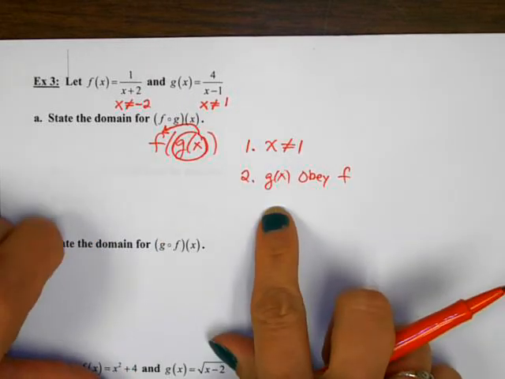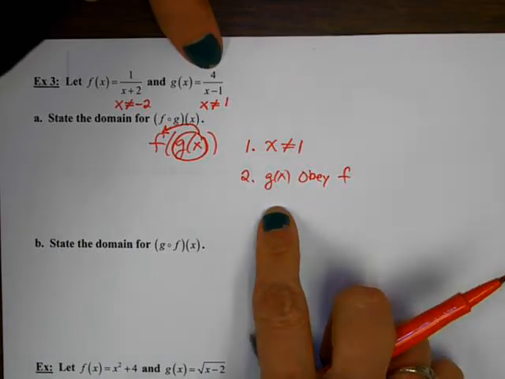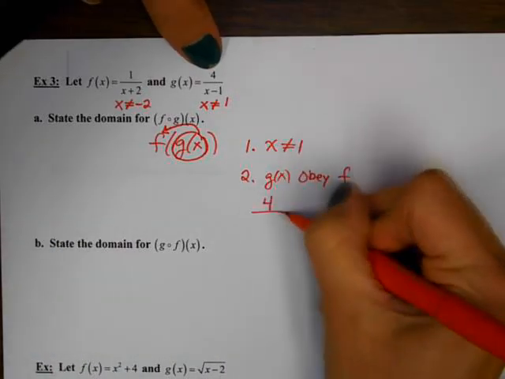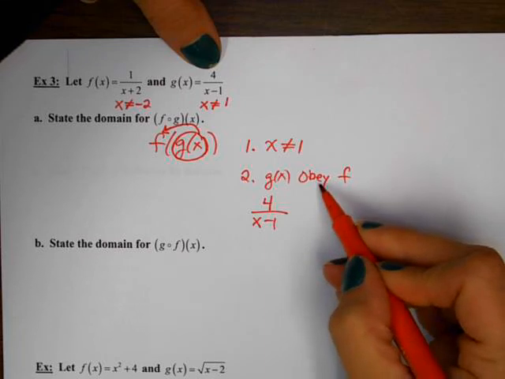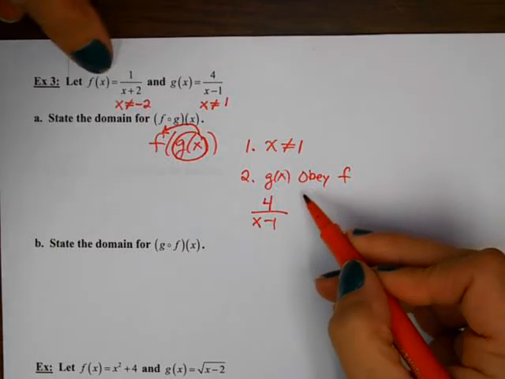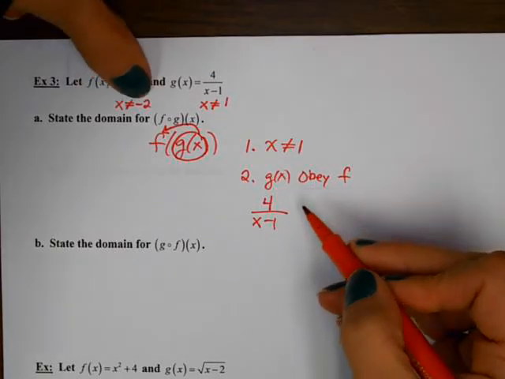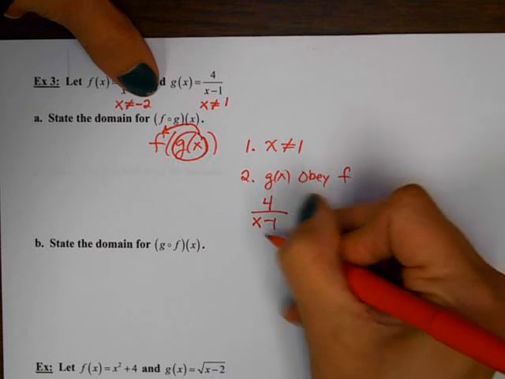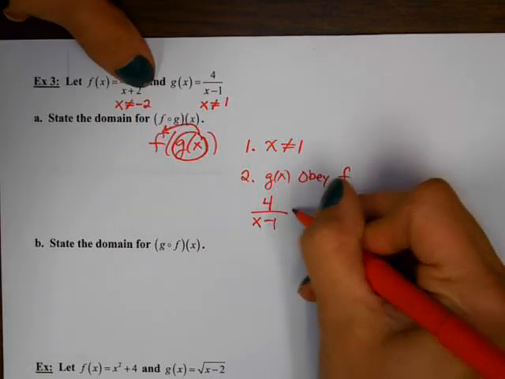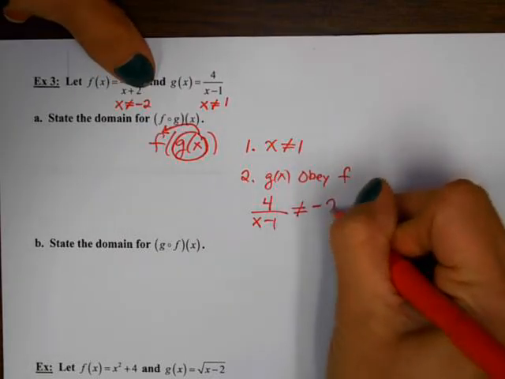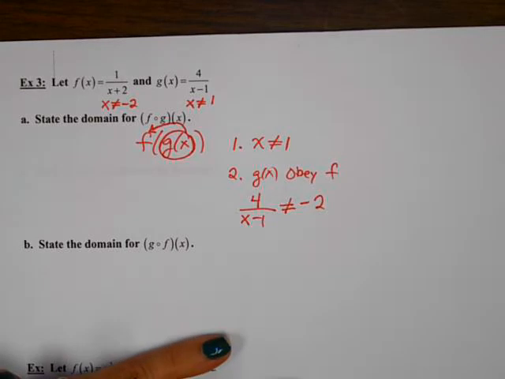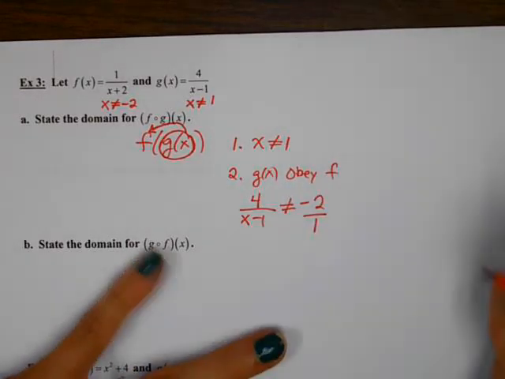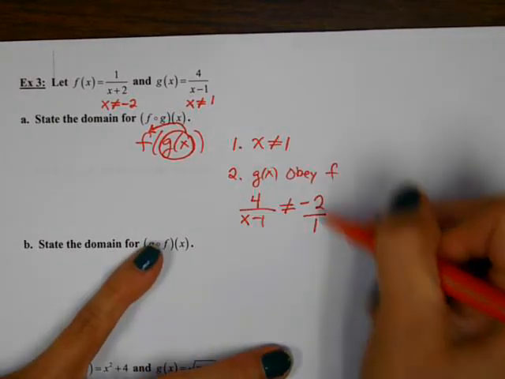So I need to write down g. Where's g? Here he is. Let's write down the equation for g. g must obey f. What does f say? Your inputs cannot equal -2. And since g is the input, he cannot equal -2. How am I going to solve something like this? We'll put a 1 under there. Cross multiply.